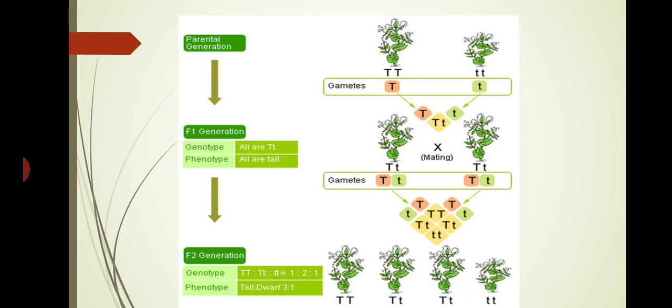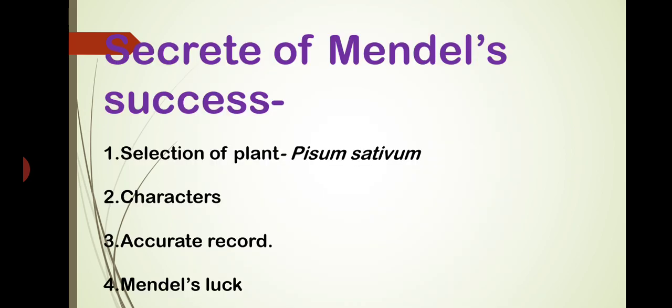The observation is that the phenotypic ratio is 3 tall and 1 dwarf, and the genotypic ratio is capital T capital T, tall, capital T small t, also tall, which is 2, and small t small t, dwarf, which is 1. That's why the phenotypic ratio is 3:1 and the genotypic ratio is 1:2:1.